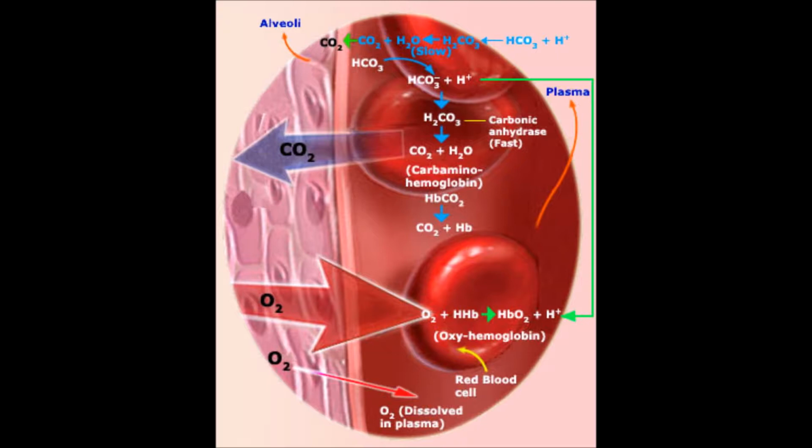Just to give some relative numbers to this, I'll just put the numbers here. Of all the carbon dioxide we produce, about 70 to 80% gets converted to bicarbonate ion.